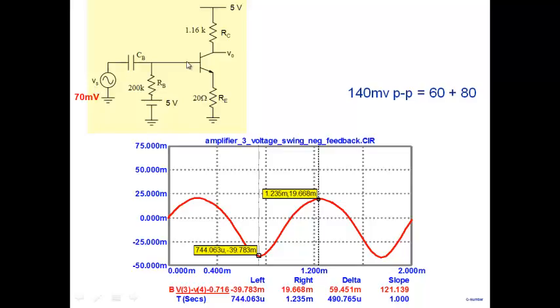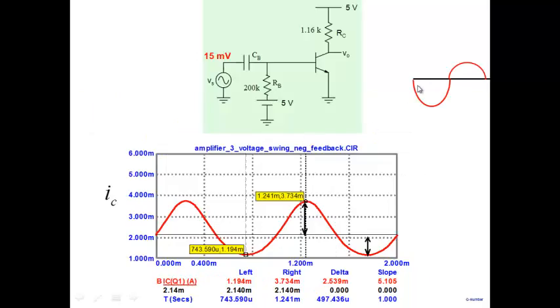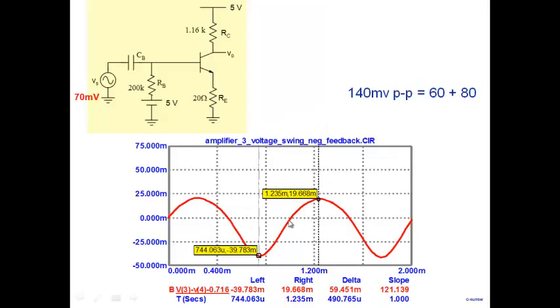Between the base emitter junction, between here and here, what I get is a distorted sinusoid, with a smaller positive peak and a much larger negative peak. The kind of signal that I was looking for: larger negative peak and smaller positive peak. That's the one I was looking for, and this is what I get.